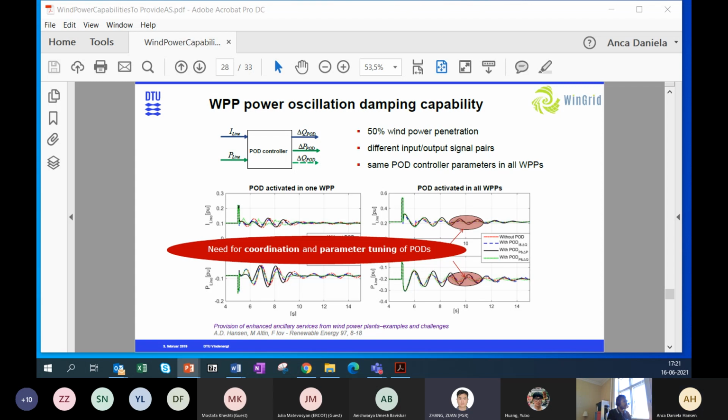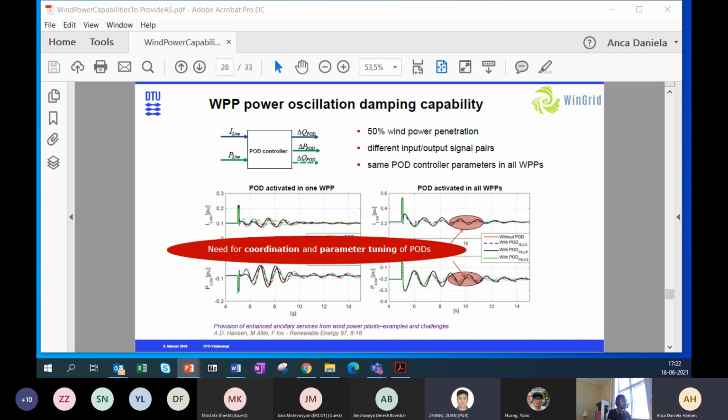Because I have read some papers, and many papers only consider an aggregated wind farm, but in the application we use every wind turbine to participate in the power oscillation damping. So we should send the POD signals to each wind turbine.